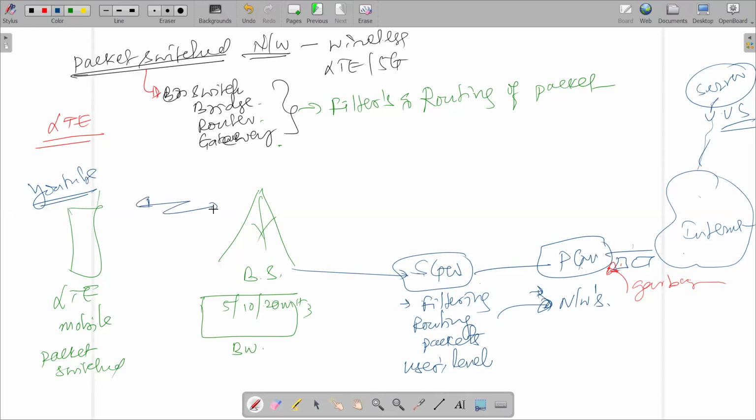When this fellow is connected and accessing, the video should come from the US and it has to cross the routers and gateways. And it should come like this.